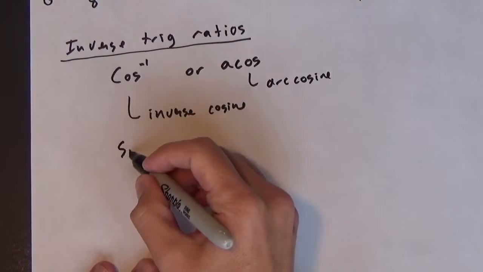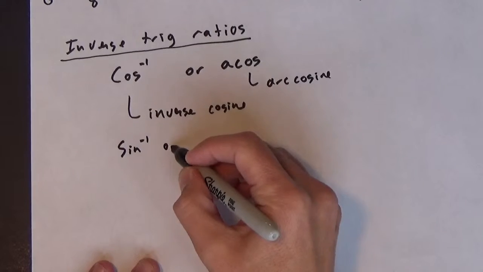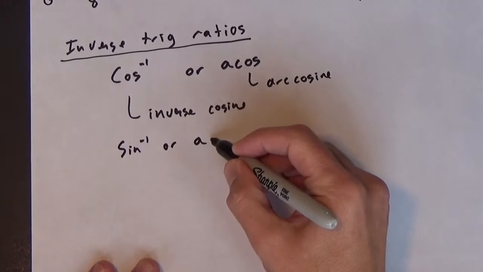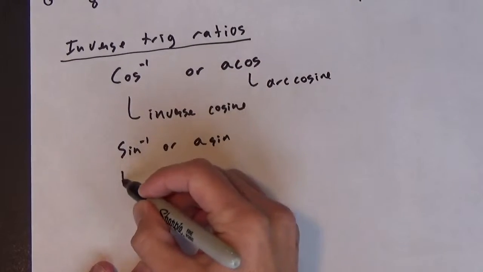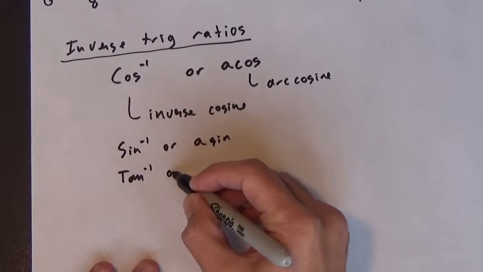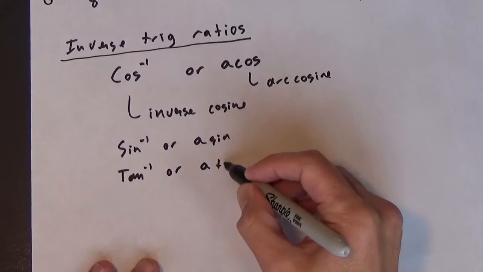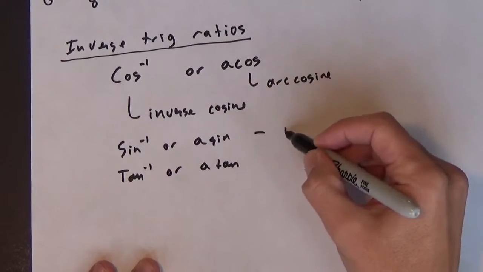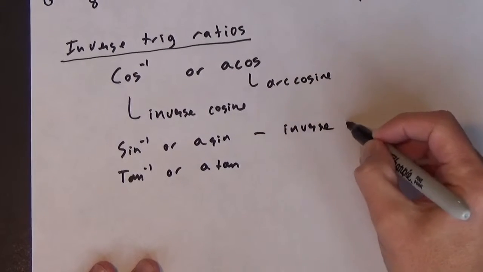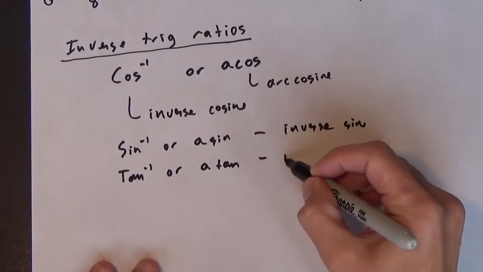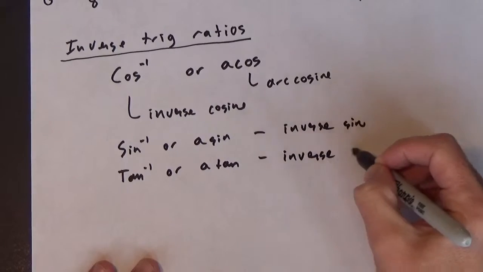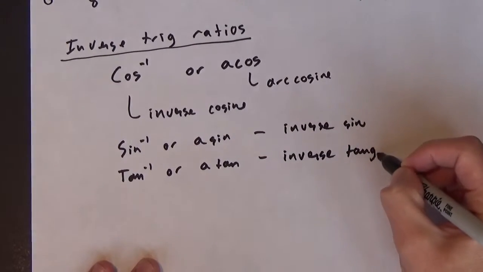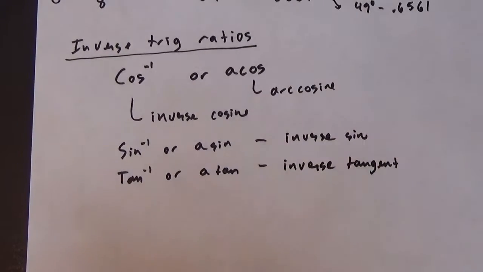We have the inverse sine or arc sine, and then we have the inverse tangent or arc tangent. Okay. And these are used interchangeably.